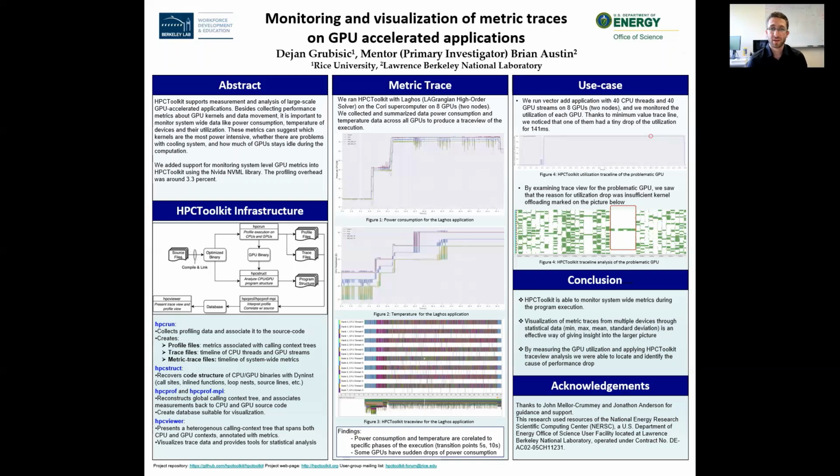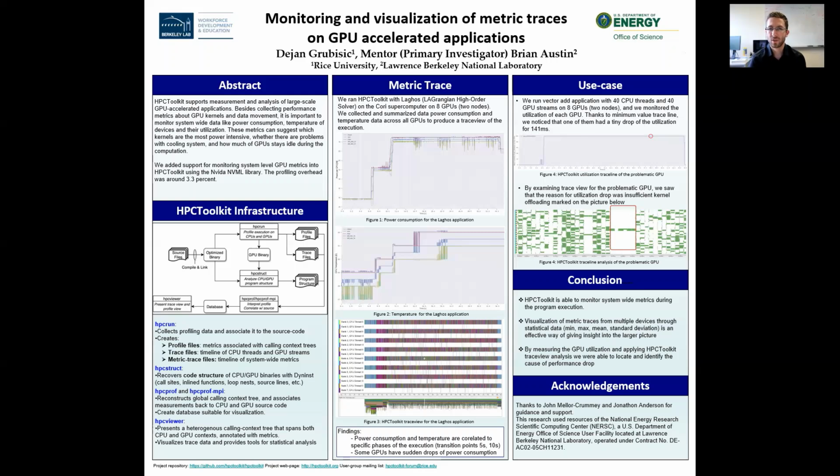As another use case, we also ran the Bert application on 40 CPU threads and 40 GPU streams, also across 8 GPUs. And we can see here for 1 GPU, there is a slight drop of utilization at the 46th second, from 100 to 99.